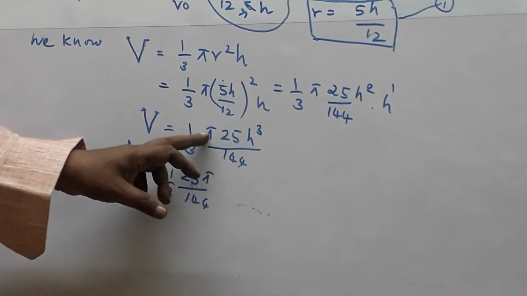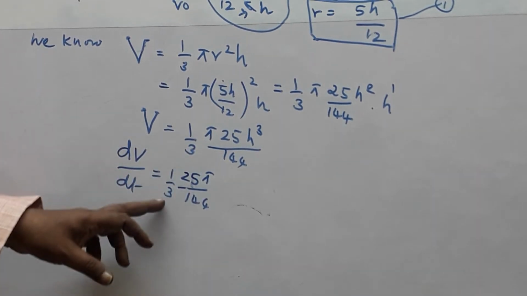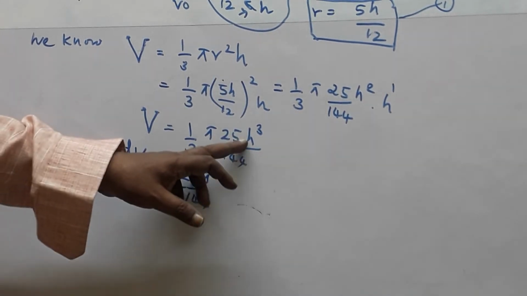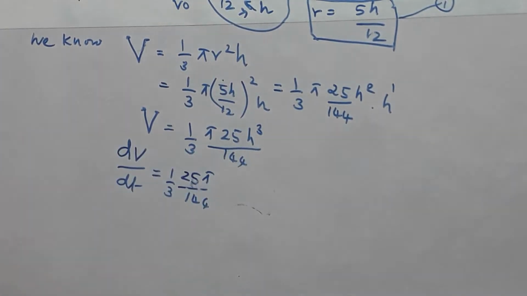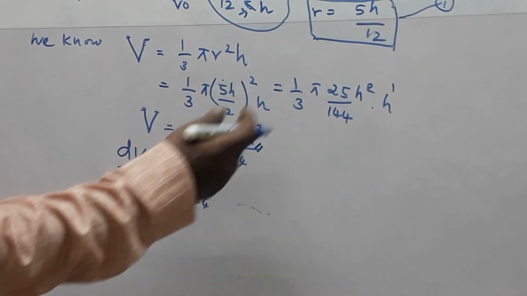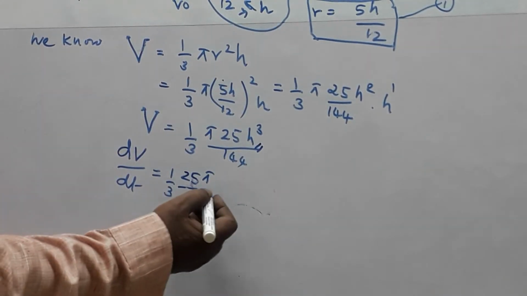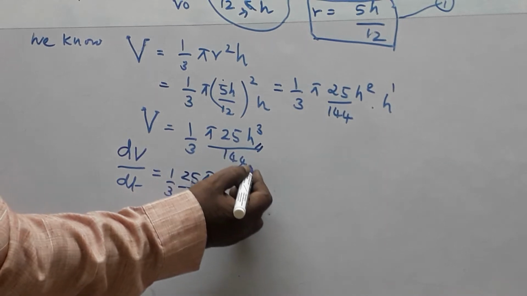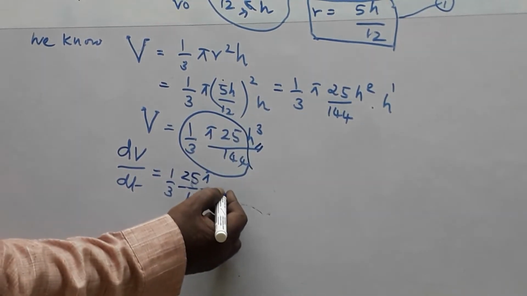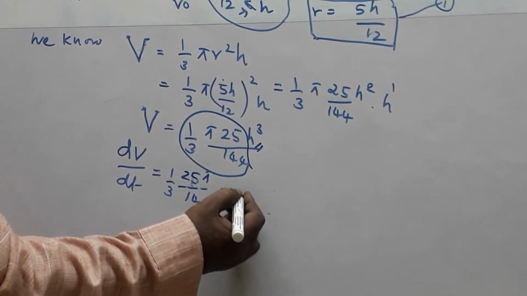Then 25 pi by 144, one-third is constant, then h cubed means that is a function that is varied. Height is what varies, so we have to differentiate this. All these are constant except h cubed. So differentiating this gives 3h square.